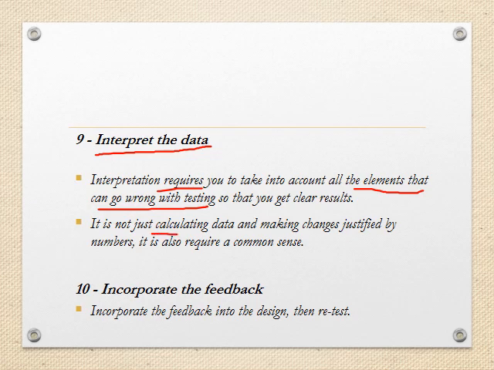It's not just calculating data and making changes justified by the numbers. It also requires common sense. This is what we are saying: you have to use your logic when you try to interpret the data. Okay? Because we have different variables that might affect the test result.